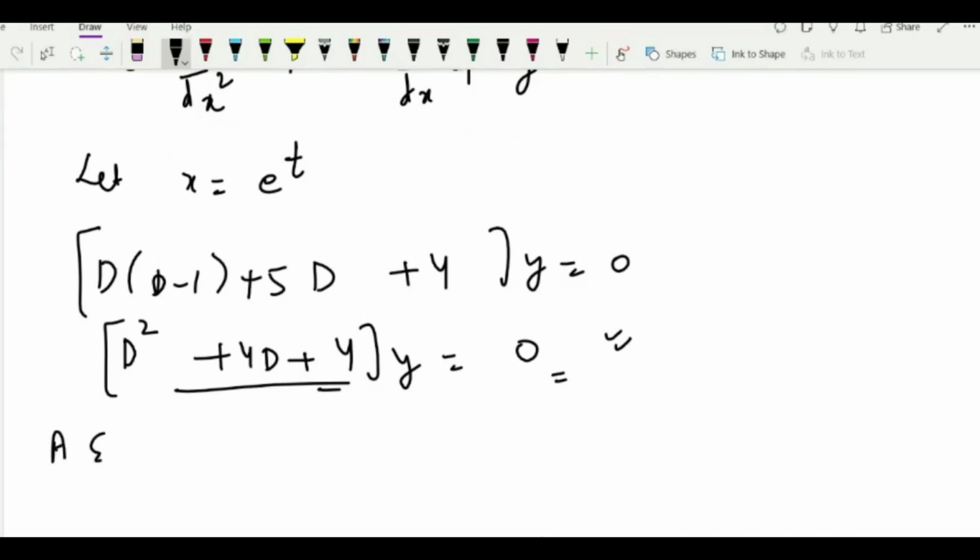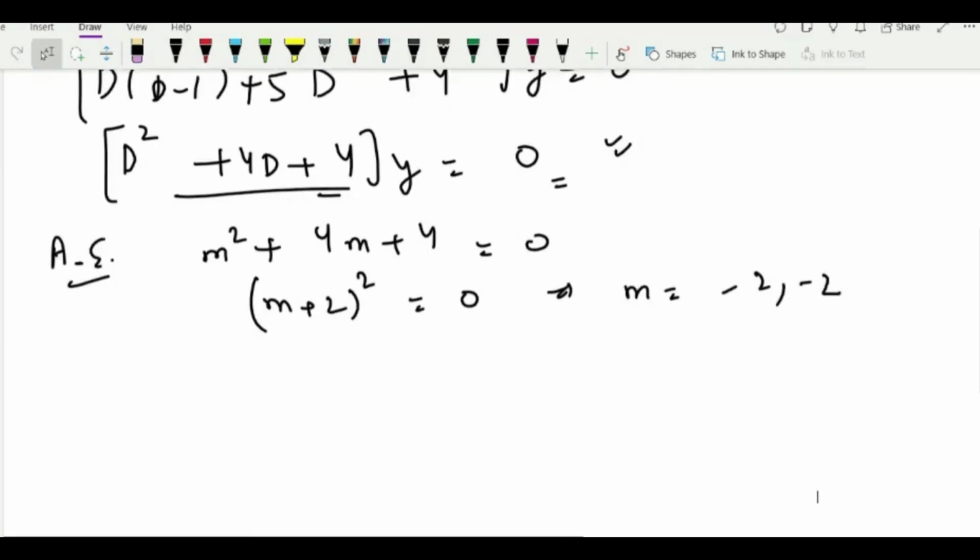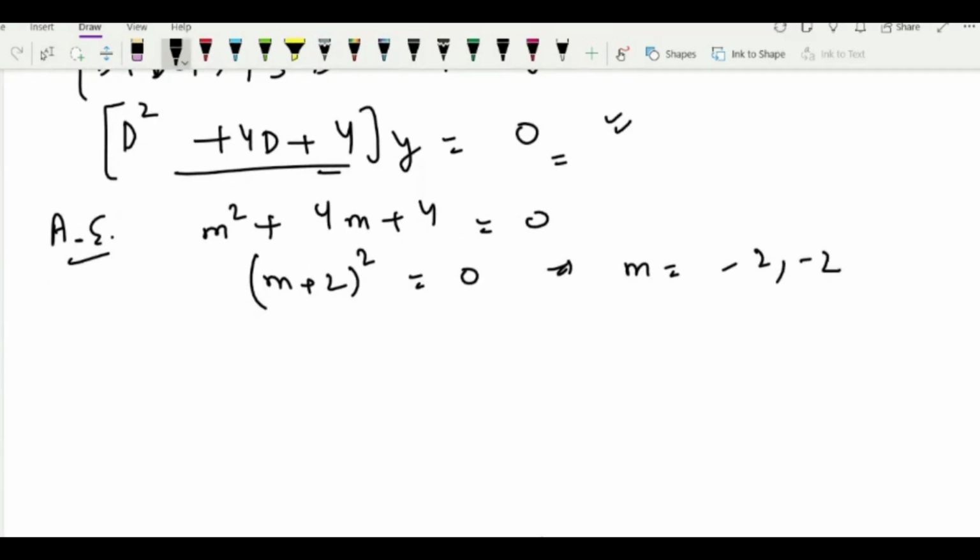So simply we have the auxiliary equation, put D is equal to m. We get (m plus 2) whole square is equal to 0, which will give m is equal to minus 2, minus 2. So here we have equal real roots.